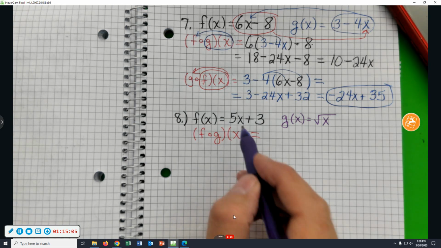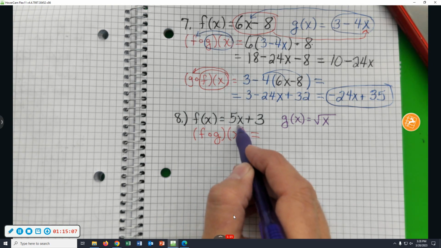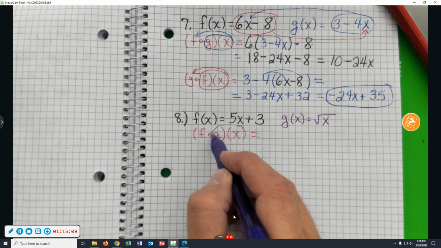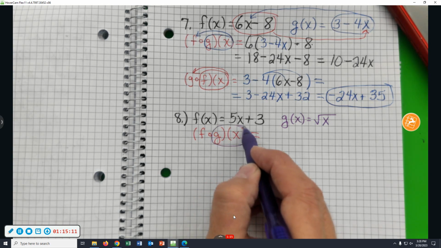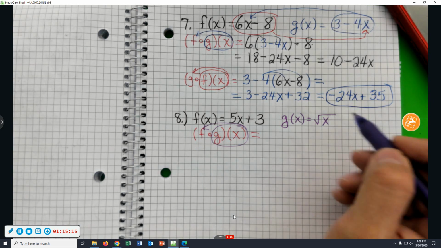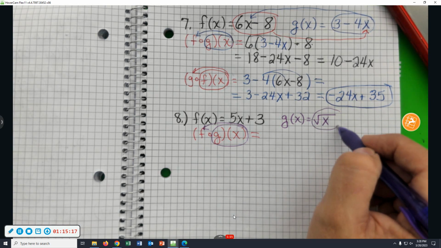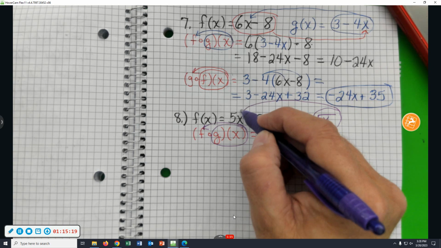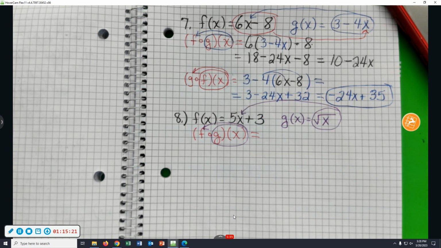We're plugging g of x into f of x. You plug G into F, the square root of x. So it would just be square root times 5x plus 2.